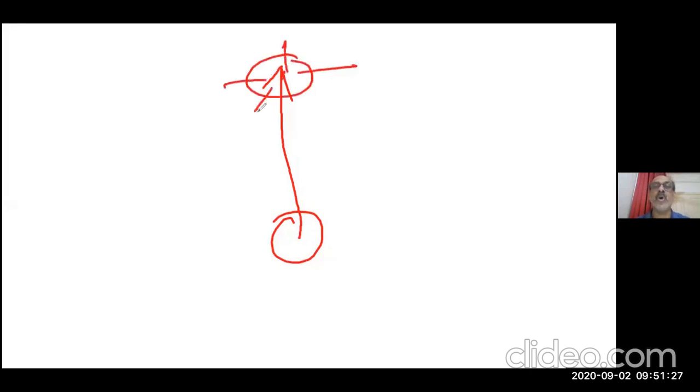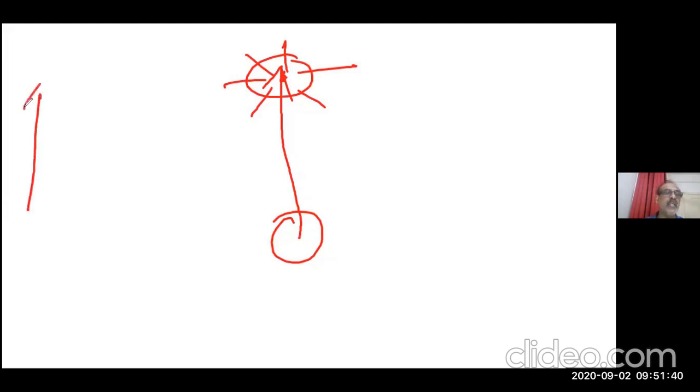Similarly, in a firework, if you send a firecracker, it moves upward and stops for a moment. Then it explodes, and fragments are thrown equally to all sides, forming a spherical shape. So the center of mass will not be changed. That will remain same.